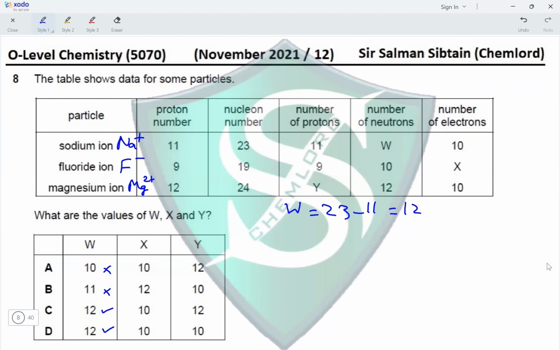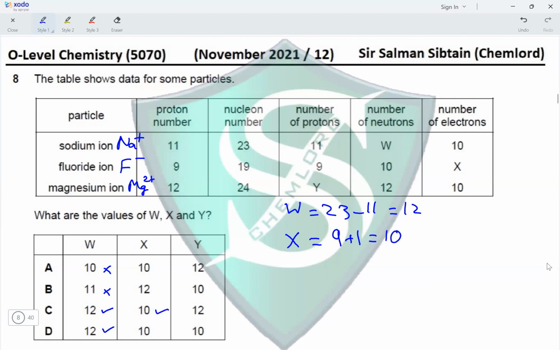So now next, let's find out X. So X is the number of electrons. The number of electrons is equal to the number of protons plus 1 because it has a negative charge. A negative charge would mean that an additional electron is present. So 9, which is the number of protons, plus 1, which is because of the negative charge. So overall, 10 electrons are present in the fluoride ion.